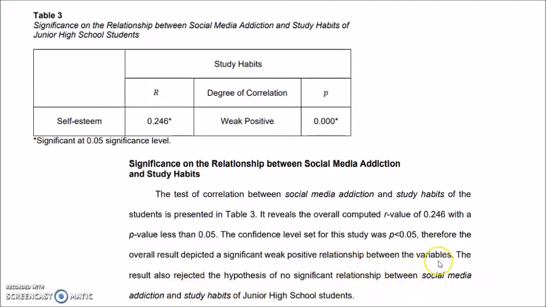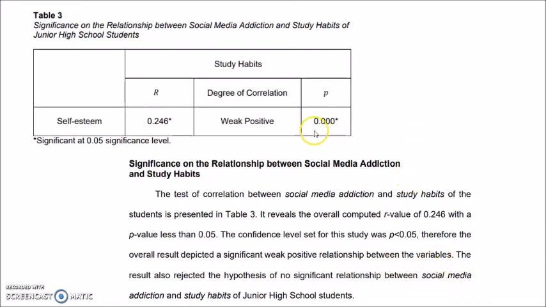Ito naman, yung sa hypothesis nito is there is no significant relationship between variable 1 and variable 2. So, since p-value is less than 0.05, meaning the result is significant, meaning we reject the null hypothesis. So, kaya, it rejected the hypothesis of no significant relationship. Kasi meaning, there is really a significant relationship between the two variables mentioned.